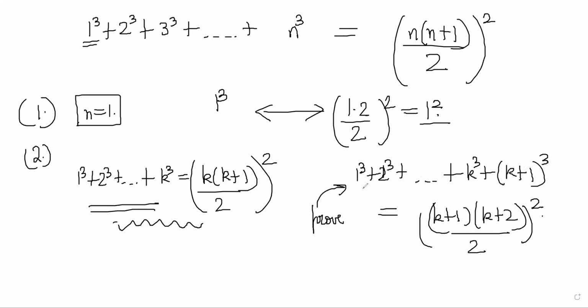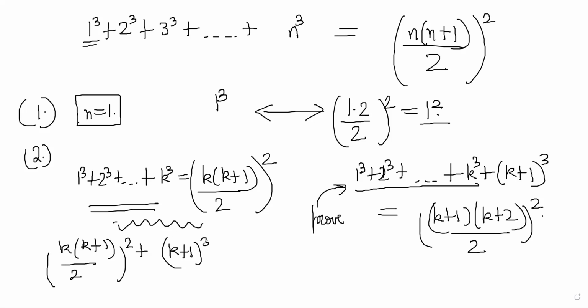So put the value of 1 to k cube inside. So I will just write k into k plus 1 by 2 whole square plus k plus 1 whole cube, right? Correct. Take k plus 1 whole square common from this. So this side will be k square by 4 plus k plus 1, right?